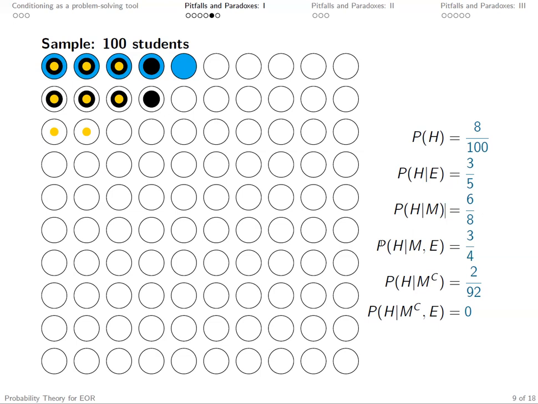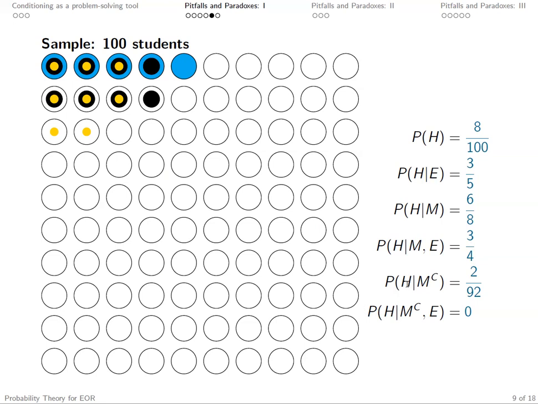We can also calculate some additional probabilities here, conditional on the joint event of liking mathematics and doing econometrics. The probability of earning high salaries given this joint event M and E is 3/4.